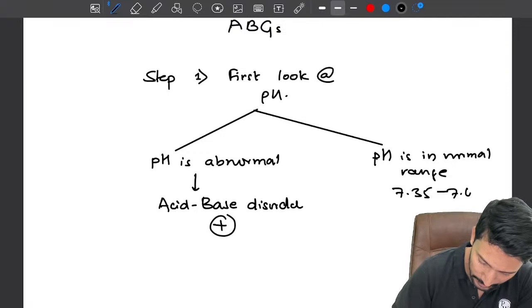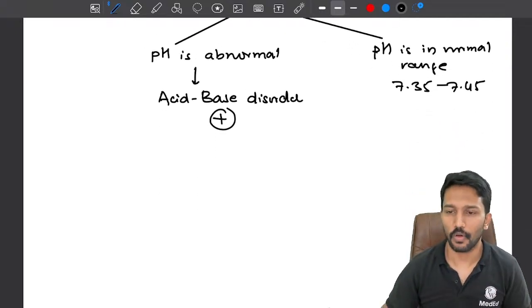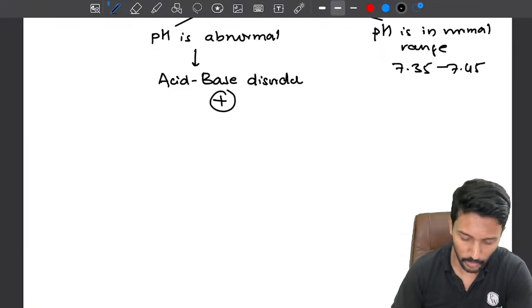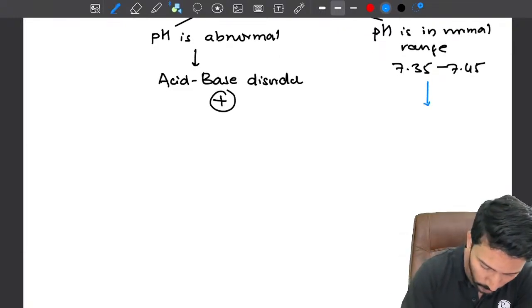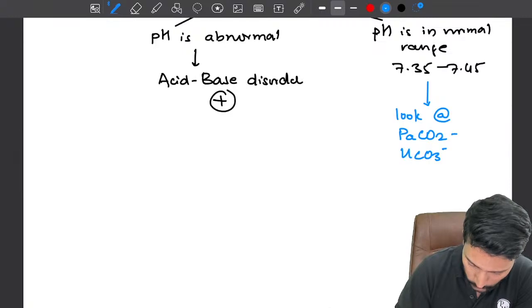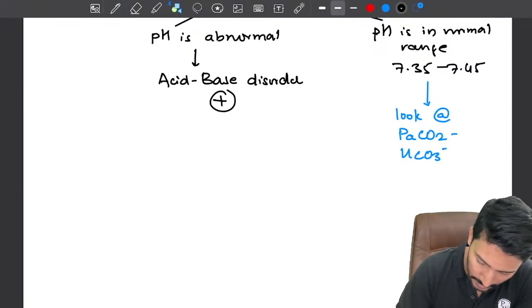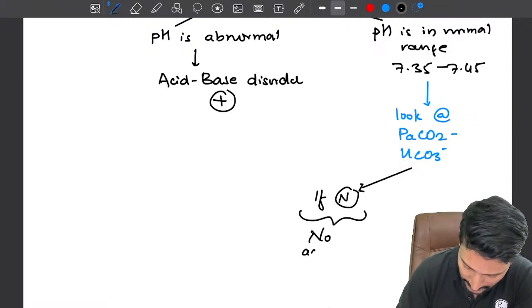Okay, now if pH is in normal range, what is the normal range? 7.35 to 7.45. This need not mean that ABG is normal. There can be still an ABG abnormality, right? So in that case, if I encounter that pH is normal, then we should look at PaCO2 and HCO3. Okay, if they are normal, that means there is no acid-base disorder.